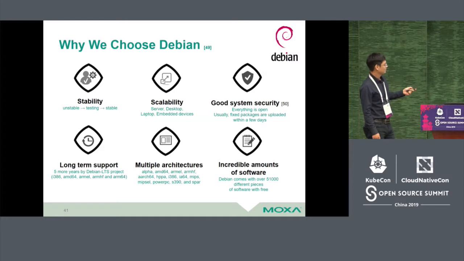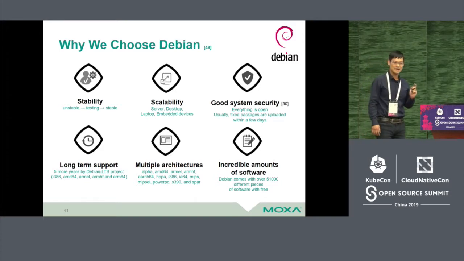Okay, so we use Debian. Why? Because of its stability, with a procedure of unstable, testing, stable; scalability from laptop and server to embedded devices; and good system security.